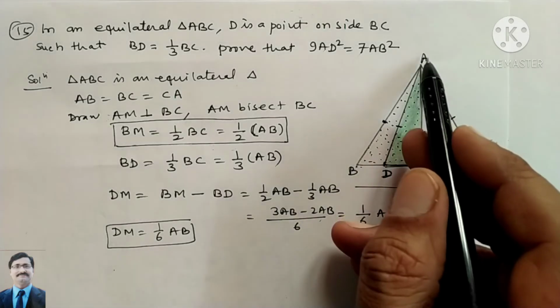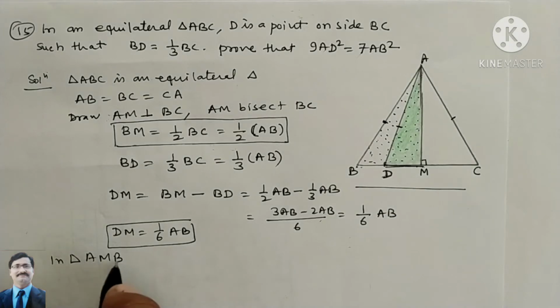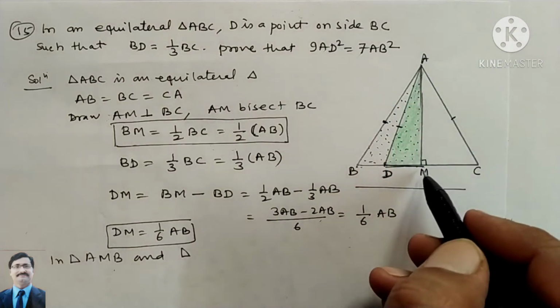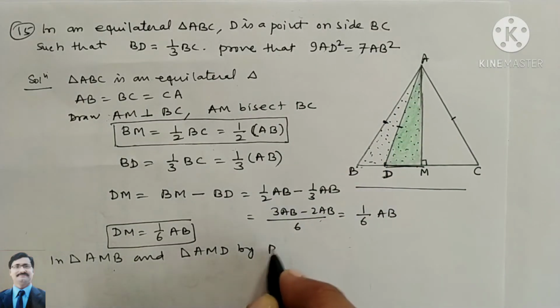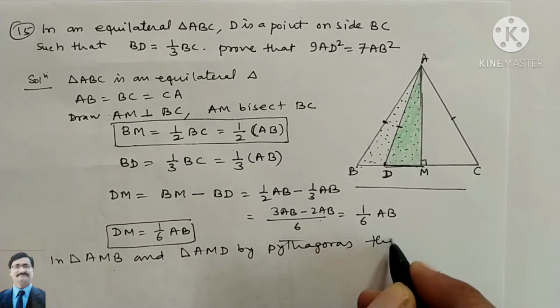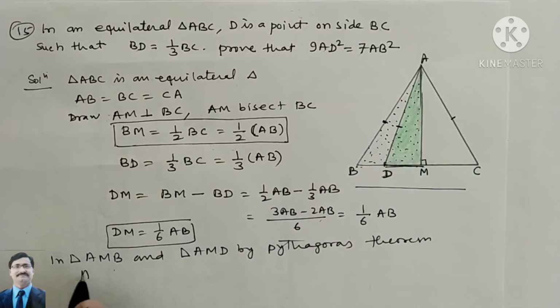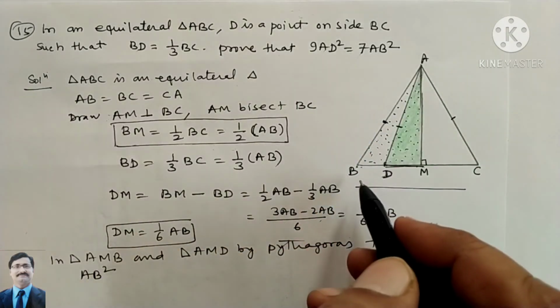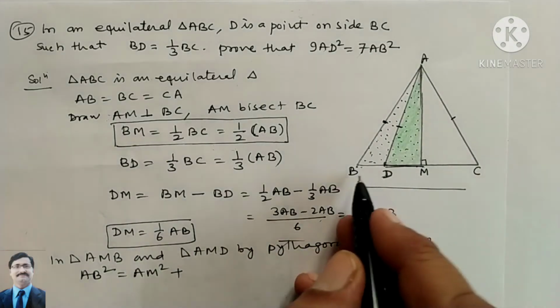Now we have here two triangles, ABM and AMD, both right triangles. By Pythagoras theorem we write here in triangle ABM, AB square equals AM square plus BM square.